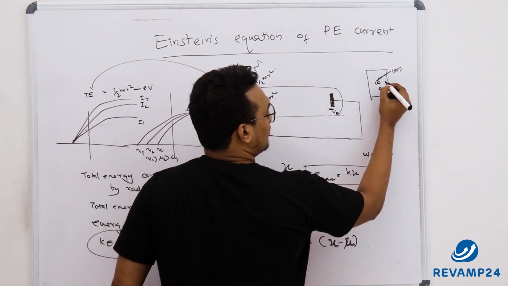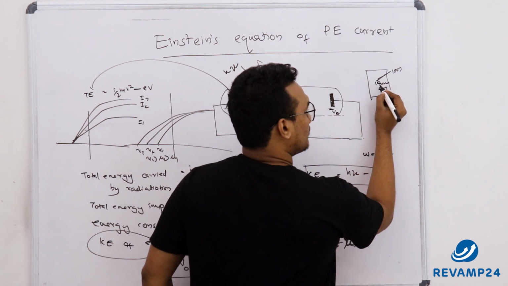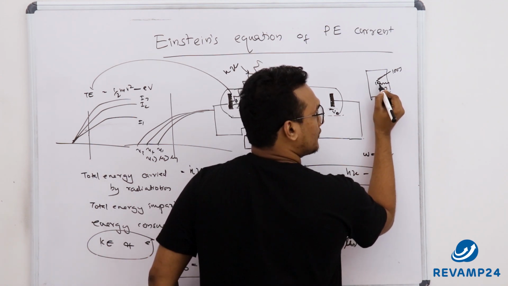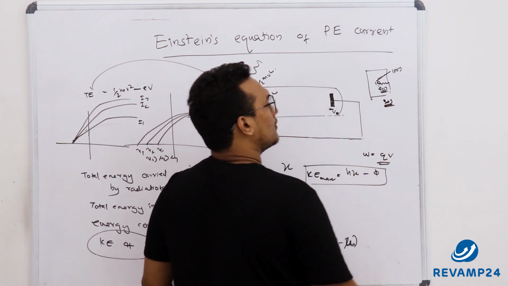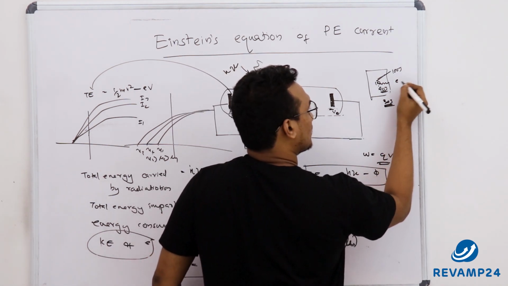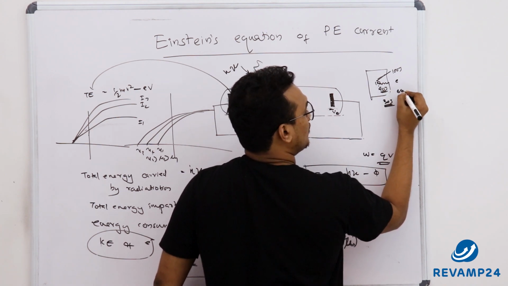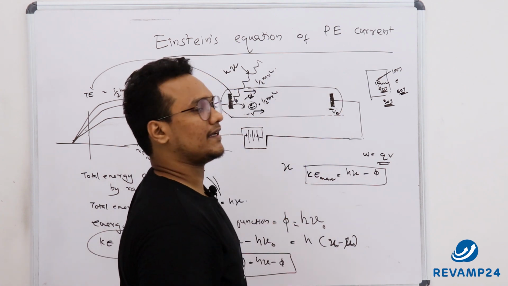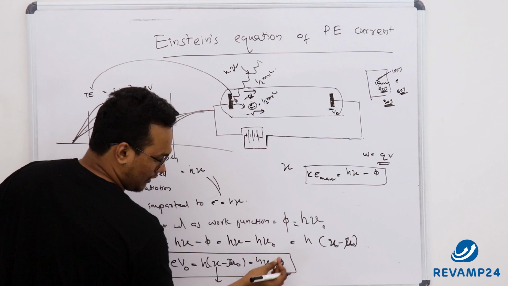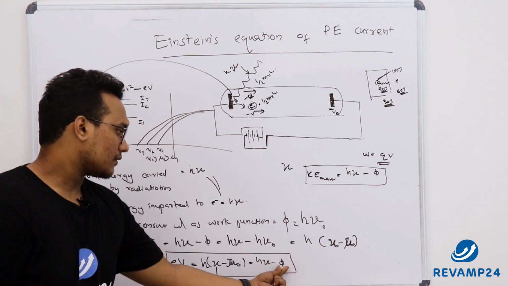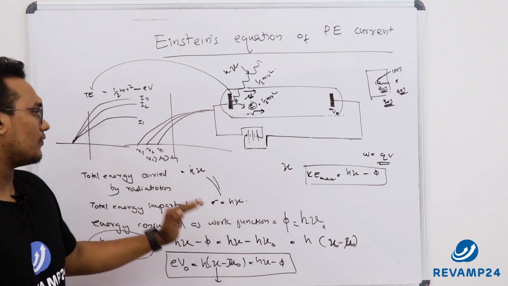But in some cases a part of it will be used to move the electron from this position to this position. Maybe 30 joule will be used. Now for the coming electron, maybe the remaining 60 from 90 is possible. So the maximum kinetic energy is always obtained by subtracting the work function from the energy of the incoming radiation. This is very, very important.